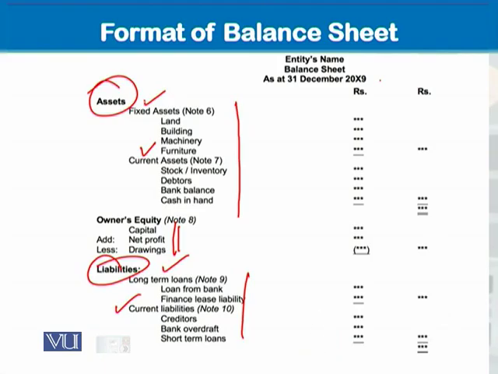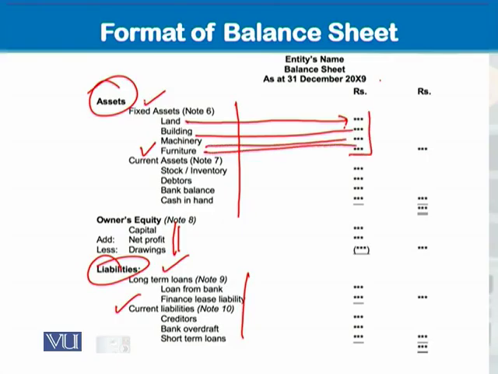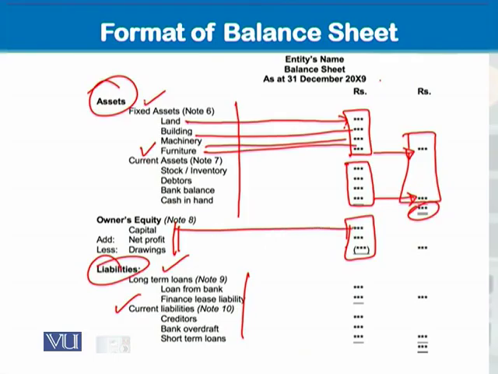So what we are doing, in fact, is putting the figures in front of the titles: land, building, machinery, furniture. These are the fixed assets and their total is over there. And then stock, which is the closing stock, debtors, bank and cash, and their total comes out. The sum of these two is here. Then owner's equity, including capital, net profit, subtracting drawings, and the final figure comes out.